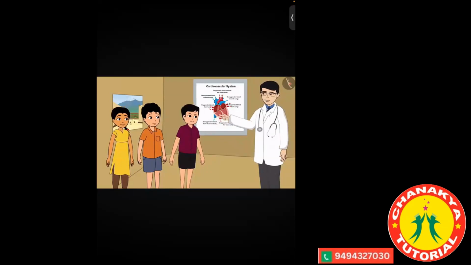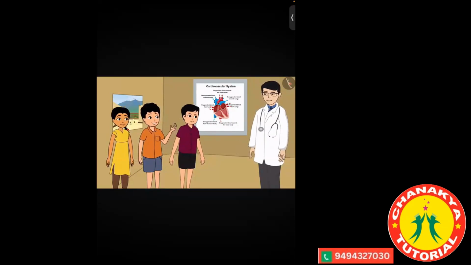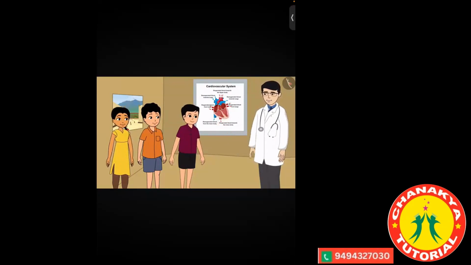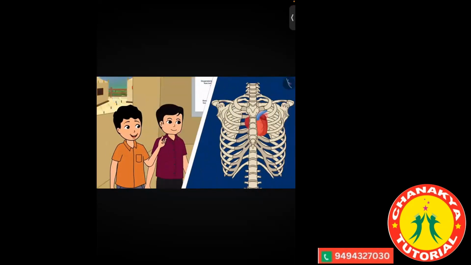Children, this picture is telling us about the functions of the heart. Can you please tell us about it? We cannot understand much from the picture. Sure, children. First tell me, where is the heart situated in the body? Our heart is located in the chest cavity in the rib cage, slightly tilted towards the left.